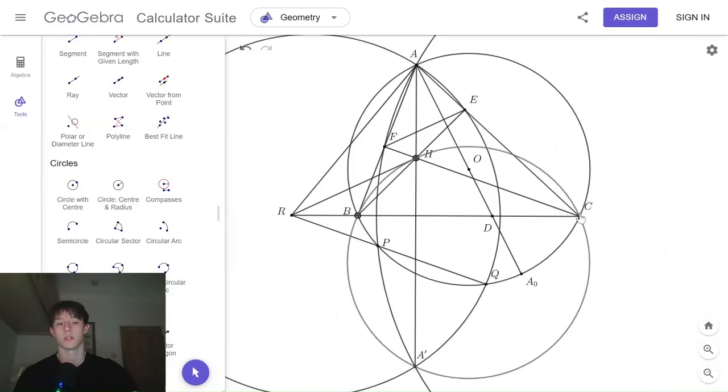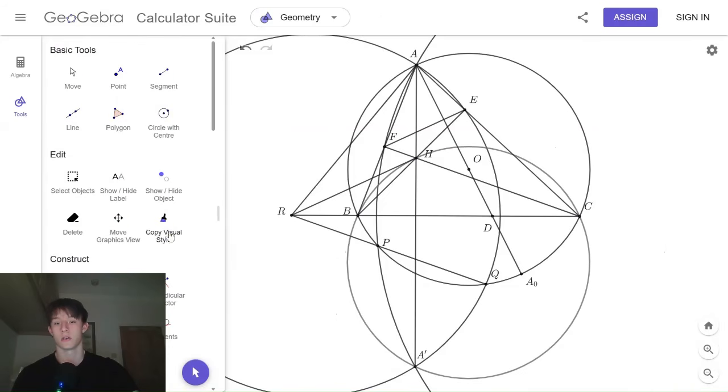If we have circle BHC over here, right? Then we do know that this line here is a tangent, because FE is anti-parallel to BC. So essentially, we just want to show that the tangent here and PQ intersect on BC.